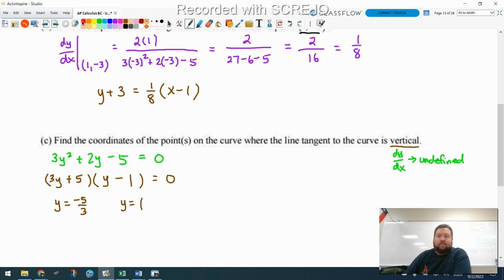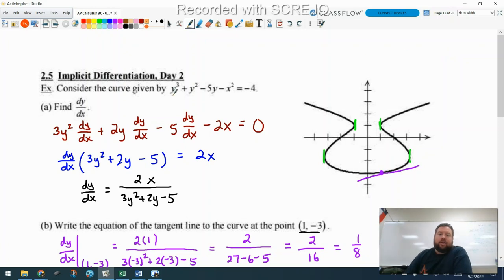We are not done yet because it said find the coordinates of the points on the curve. That means we have to plug these answers back into the original equation. This is the curve right there. We can't call it the function because this is not a function, it does not pass the vertical line test.